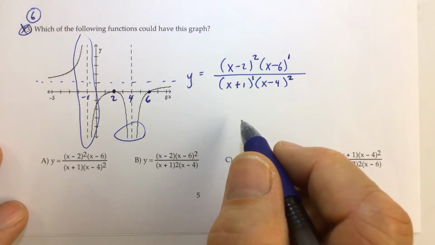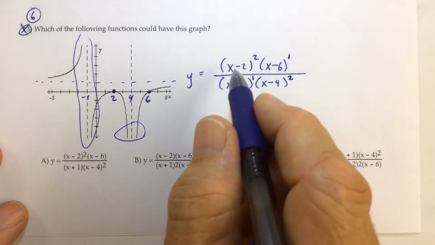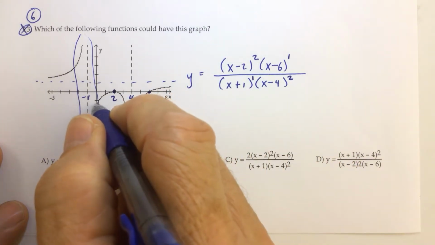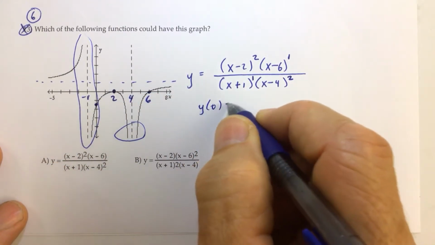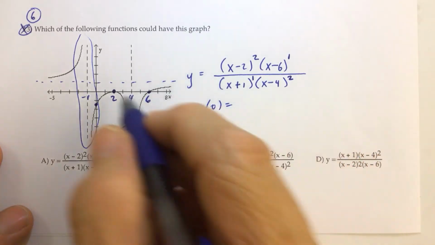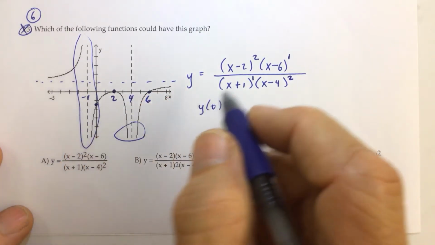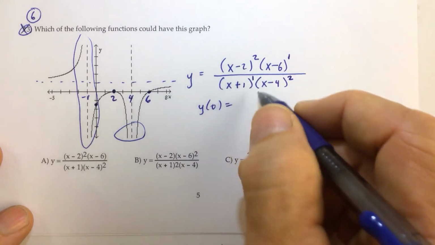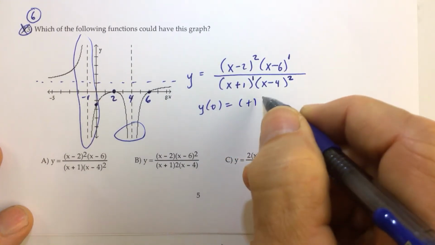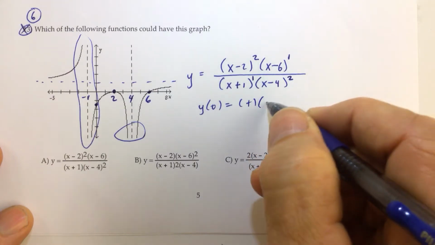And then I want to make sure that I've got the correct sign. Most likely I do, but I just want to check. If I plug in x equals 0, so y at 0, I want to just make sure I get a negative number. I'm not going to be so concerned with what that point is. I just want to make sure it's going to be a negative number. So if I plug in x equals 0, I'm going to get a positive factor for the numerator there. 0 minus 6 is a negative factor.